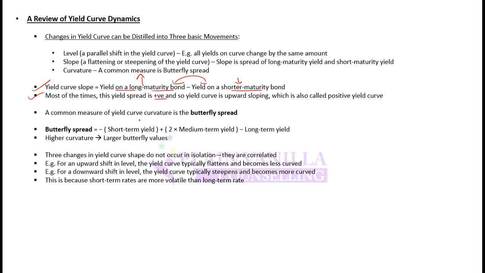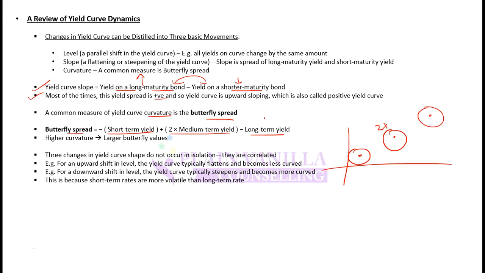A common measure of yield curve curvature is the butterfly spread. What is butterfly spread? This is minus short term yield plus 2 times medium term yield minus long term yield. That is, you take three yields, one at short term, one at medium term, and one at longer term, and then you take the short yield with a minus sign, you take the medium yield and multiply it by 2, and then take the long yield with a minus sign.